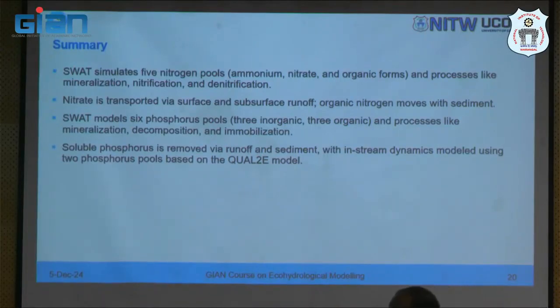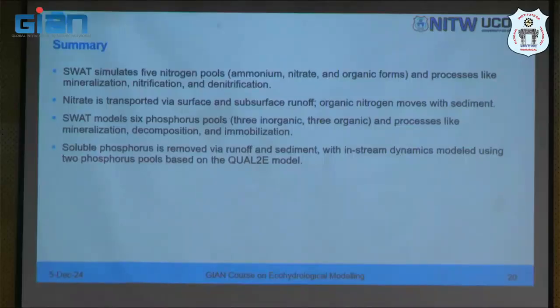Two of these macronutrients, nitrogen and phosphorus, have a significant effect on water quality. So SWAT is able to simulate the nitrogen cycle through 5 pools. It conceptually represents the entire cycle in 5 pools, and it also simulates the transportation process into water bodies.